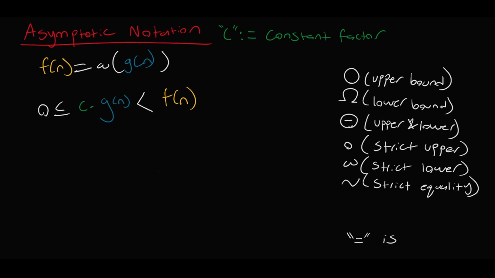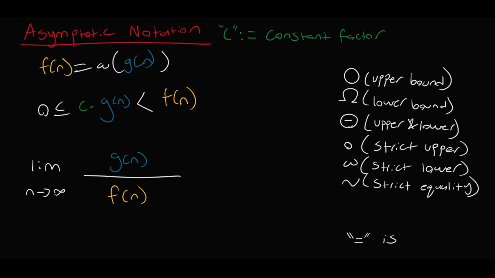To represent this in terms of limits again, we take the limit as n approaches infinity, and we look at the ratio. This time we're going to write g of n on top for ease of notation.